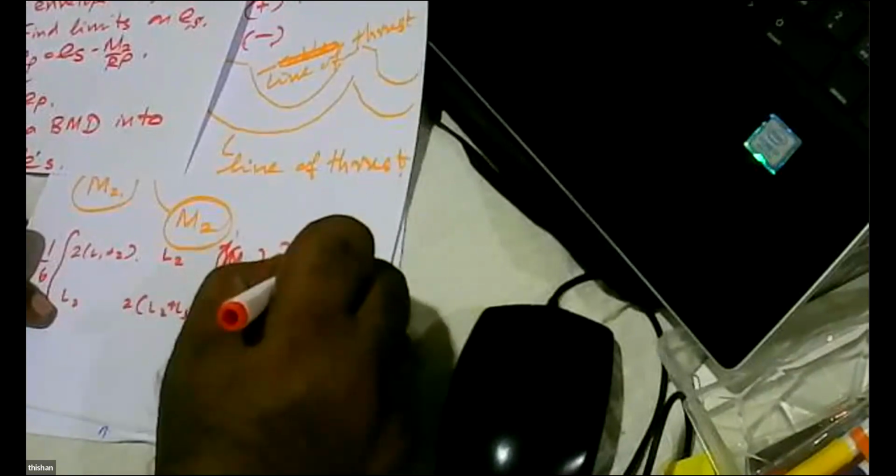So last time we did this equation: M2 2, M2 3, integration beta 2 PE dx, beta 3 PE dx. So this is what we did.